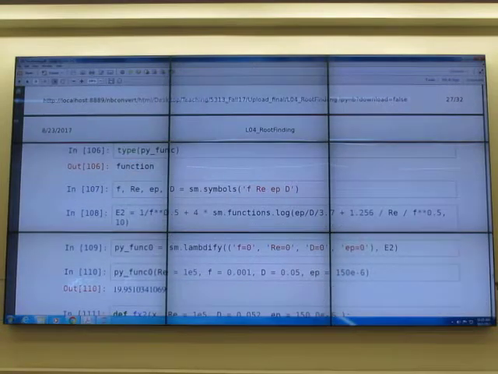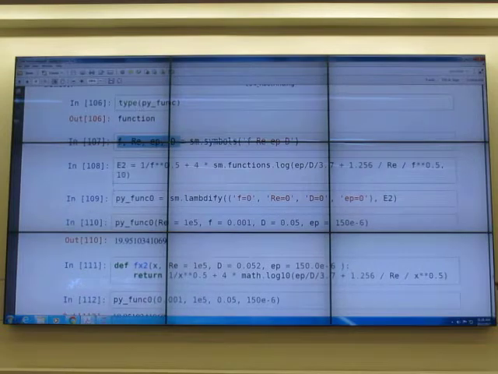Now, if I have friction factor, Reynolds number, epsilon or pipe roughness, and diameter, I use sm.symbols. In parentheses I have a string and I separate the names by one space. This means I declare those parameters to be symbols or variables in Sympy.